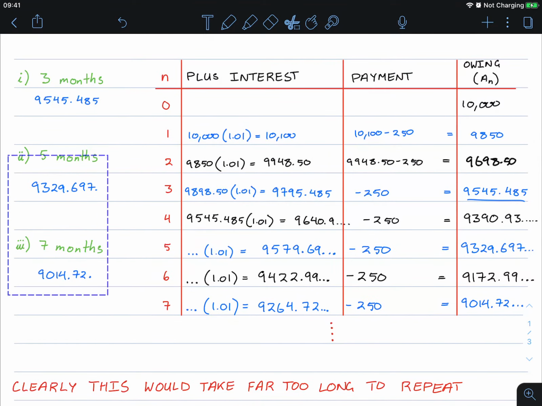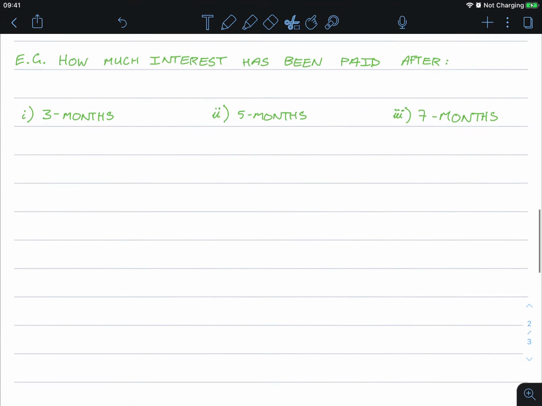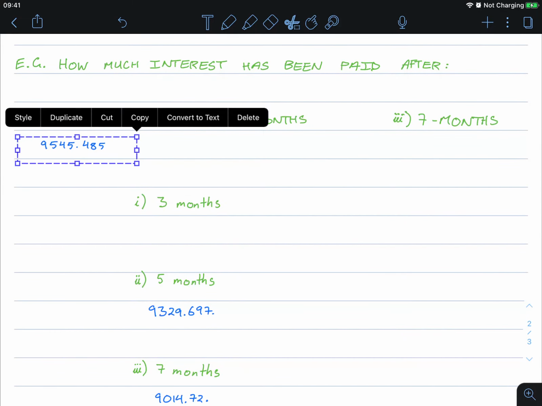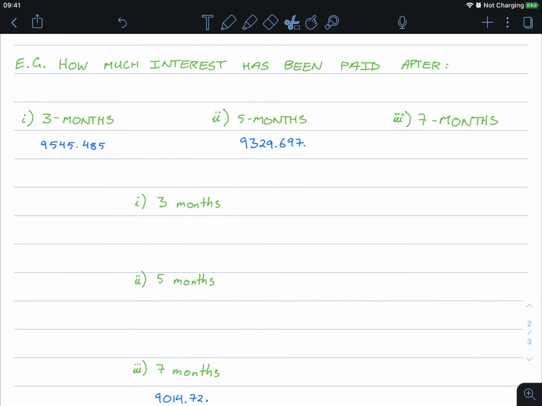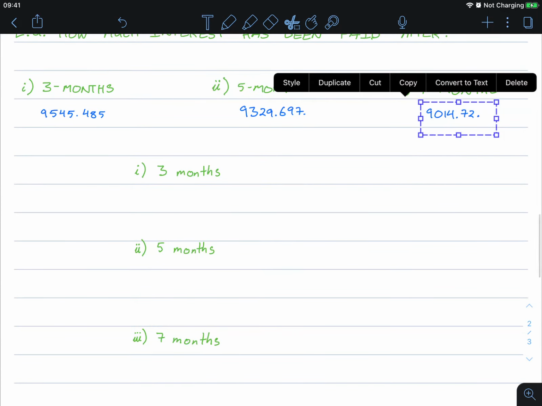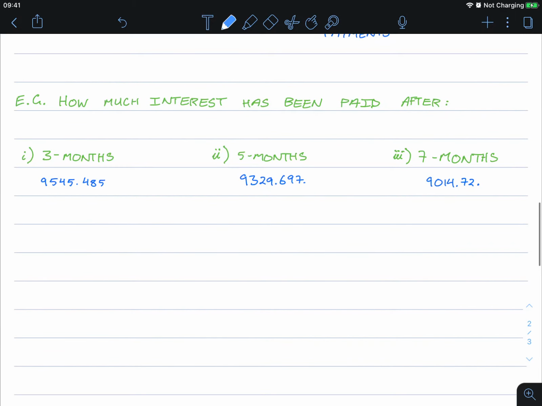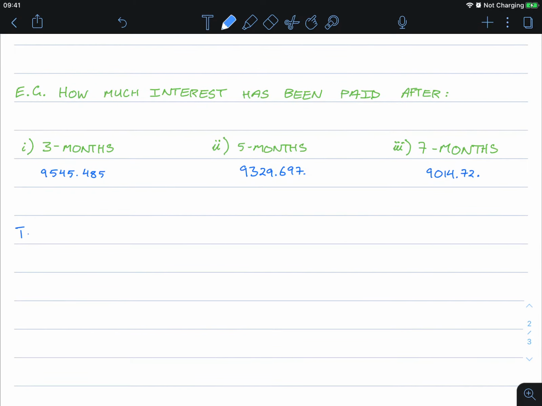I'm going to take each of these values because we're going to be calculating how much interest has been paid at these different time periods. So this is how much is left owing. So the principal paid is going to be the original value of the loan, which is 10,000, minus this amount here.